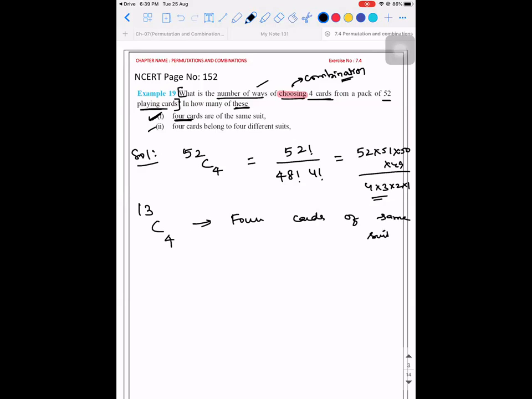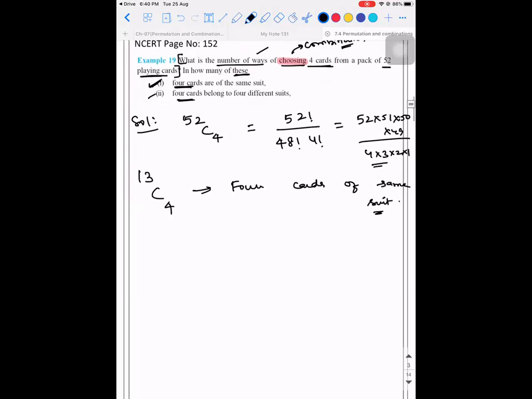See, guys, please understand this. This topic is very important for you to understand probability. In the last chapter, it will not be like how you learned last year. We'll be using combinations and all. So please concentrate. Next, 4 cards belong to 4 different suits. Means from each suit, how many cards do I need? 1 card, sir. 1 card, right? 13C1 4 times.